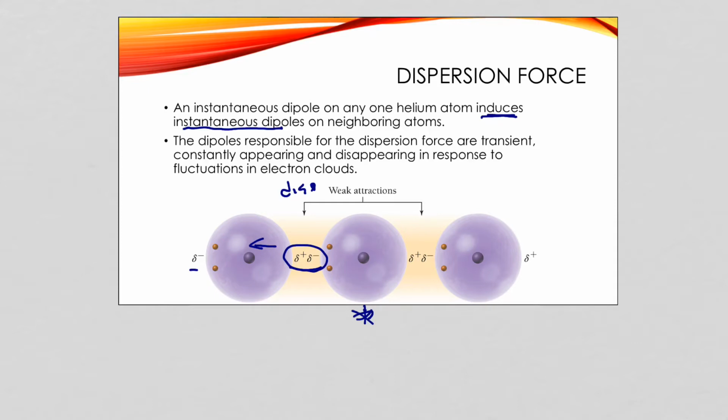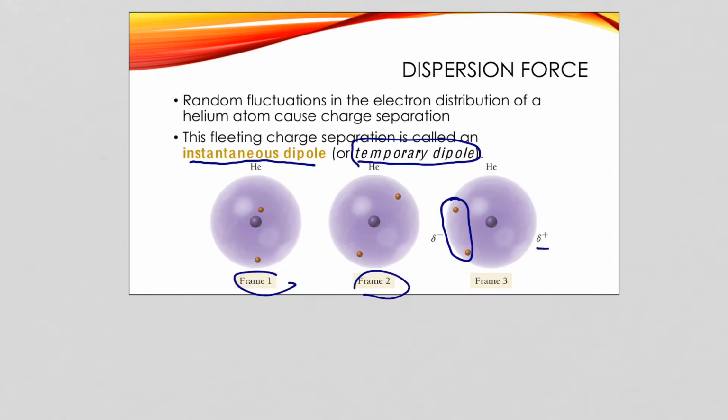Now, one thing to think about here is that these are very short-lived, right? As I said, these fluctuations are occurring, so it's going to be here one instant, and then the next instant it'll be back to something like frame 1 or 2, and that particular temporary dipole will go away. But remember, we have millions of atoms here. And so, at any given time, some of these atoms are taking on these instantaneous dipoles and causing instantaneous dipoles in the atoms around them.